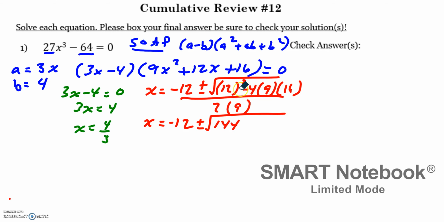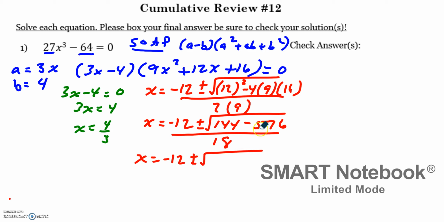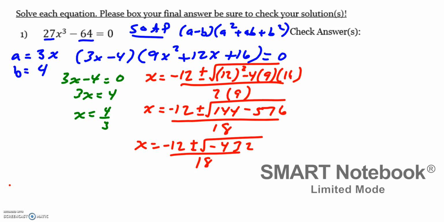I only see one subtraction sign here. Negative times positive, so it's still negative. 4 times 9 times 16 is 576. All over 18. So x would equal negative 12 plus or minus the square root of 144 minus 576, which is negative 432, all divided by 18.